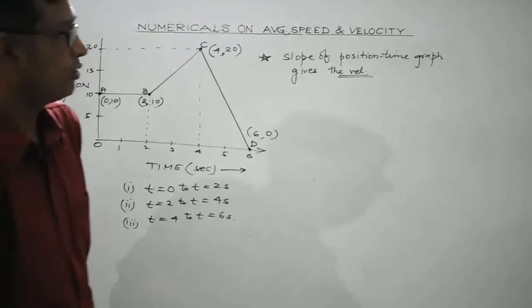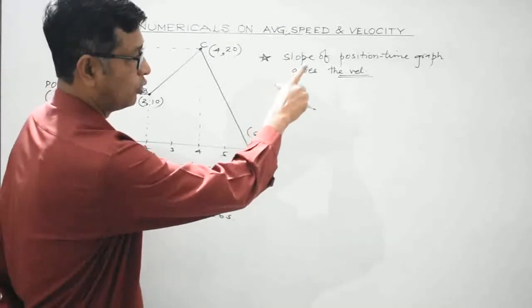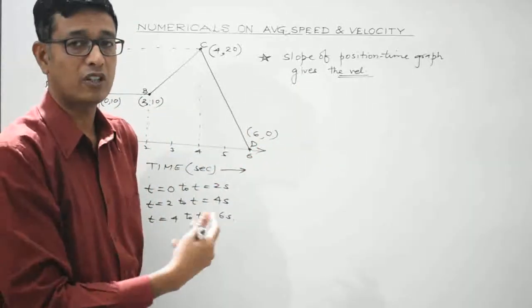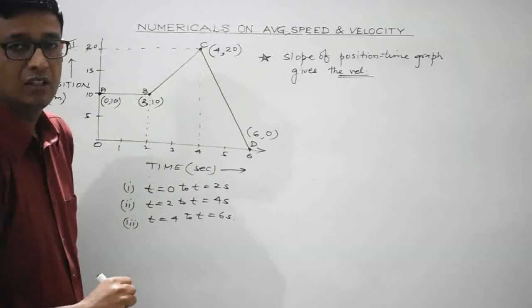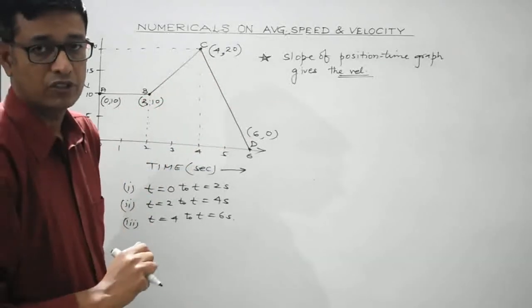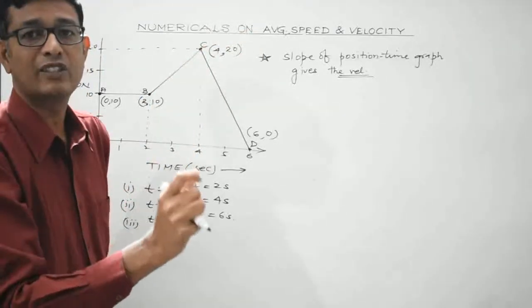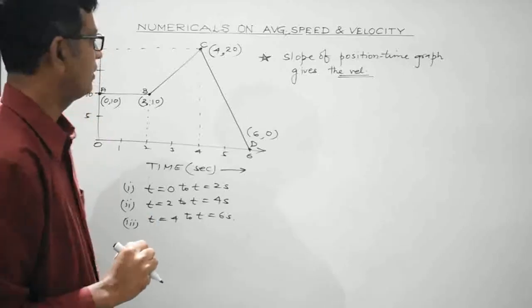In the previous session, we have discussed it. The slope of the position time graph will give the velocity, right? That should be our approach. In order to find out the slope, we need to find out the coordinates first. The slope will give us the velocity, right? And slope is y2 minus y1 divided by x2 minus x1. That's the formula for the slope, right?